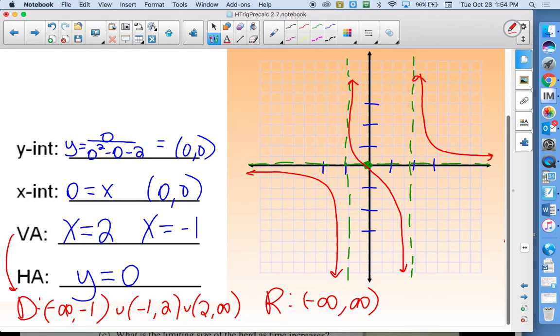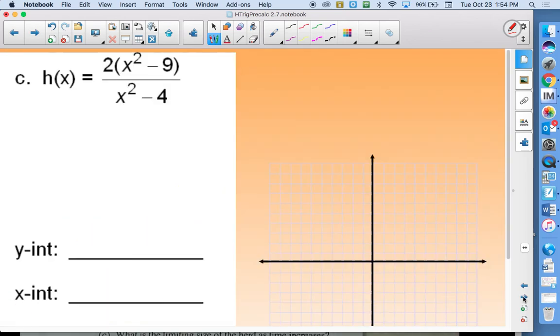Questions? So one more. We have h of x equals 2 times (x squared minus 9) over (x squared minus 4). You might want to make it 2x squared minus 18 just to help you get those asymptotes. The x-intercepts might be a little easier to just distribute it through, especially with the horizontal asymptote, remembering that that affects all parts of the graph.